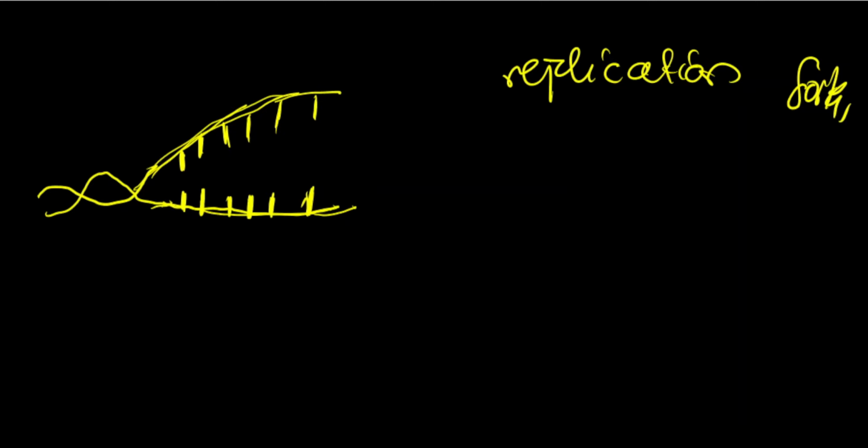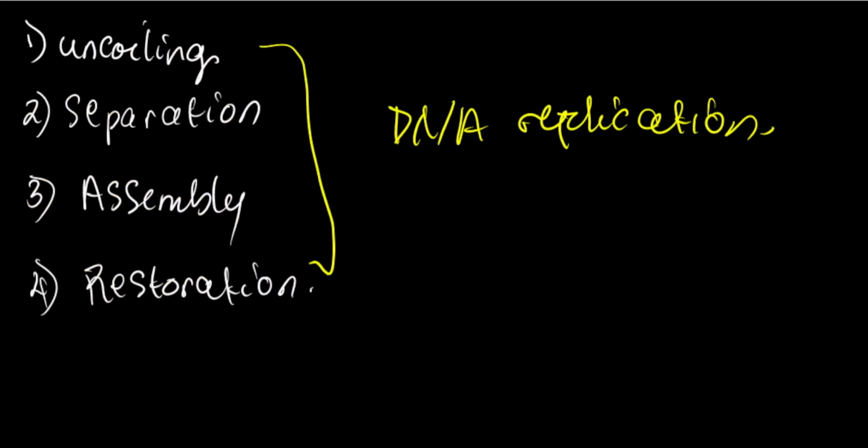Now, the next step in the DNA replication process is assembly. Assembly is the next step, and the enzyme involved in this step is the DNA polymerase.